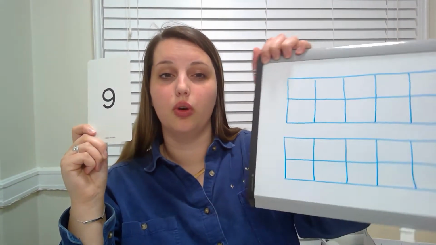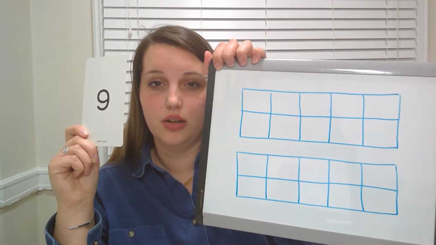So what we're going to do today is about 3 or 4 of these math flashcards. I'm going to show you a number, like this number, and you're either going to point on the screen on my board what this would look like on a 10 frame, or you are going to write on your whiteboard or your piece of paper on your 10 frame.